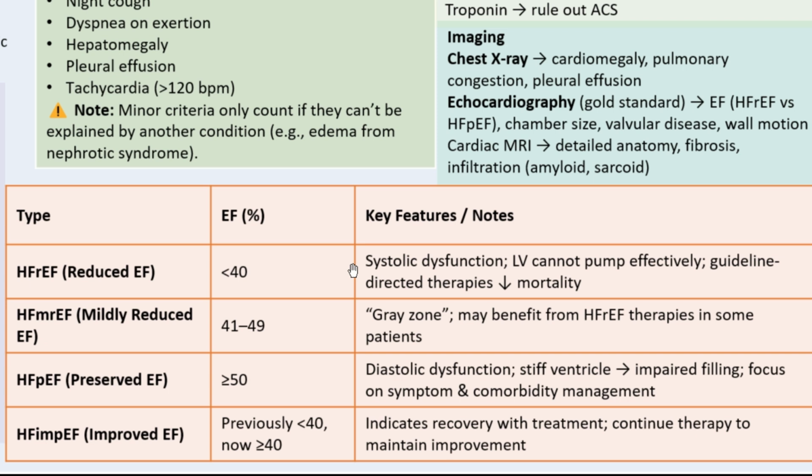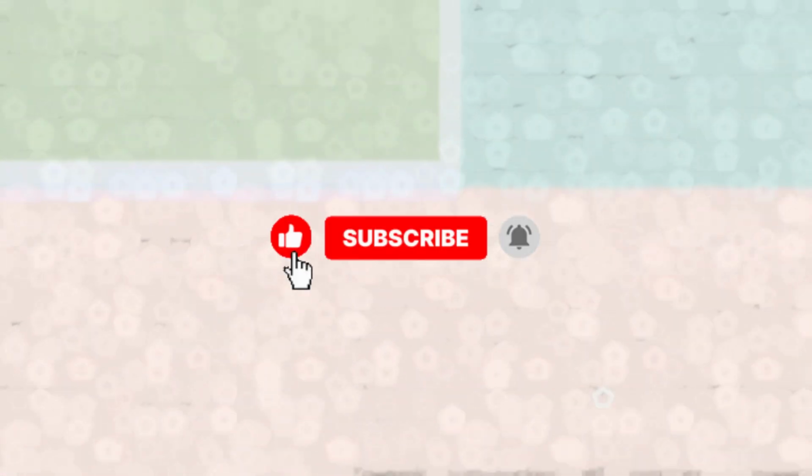So when we have heart failure with reduced ejection fraction, or what we call systolic dysfunction or systolic heart failure, we look at the amount of blood that enters the heart. And if the heart is unable to push out more than 40% of that blood, we shall say we have heart failure with reduced ejection fraction, or what we call systolic dysfunction.